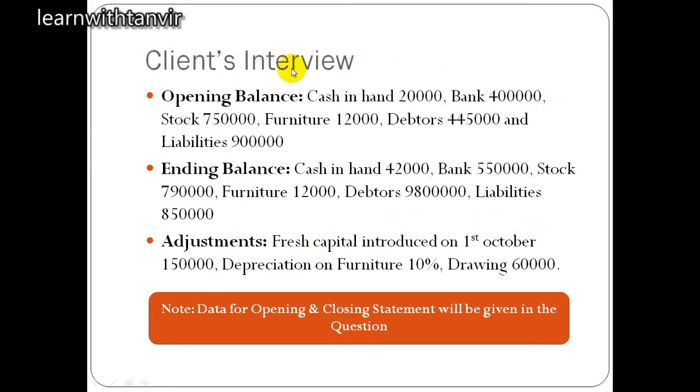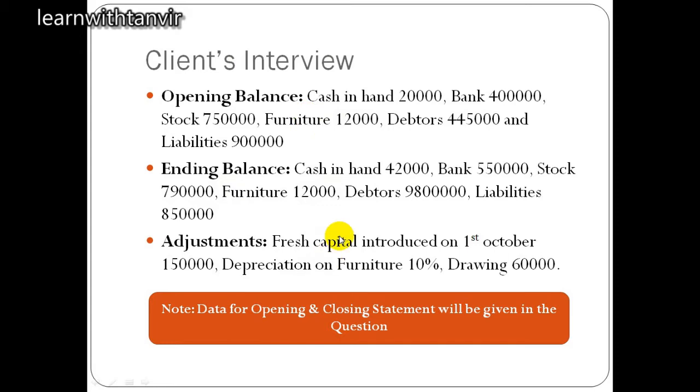You can see that all these items are related to the balance sheet, but here one thing is missing in both opening and closing balances, that is capital. Capital will be the balancing figure, and here are some adjustments. You can see that there is furniture of 12,000 at the end. At the beginning there was also 12,000.